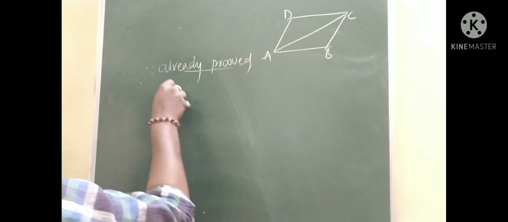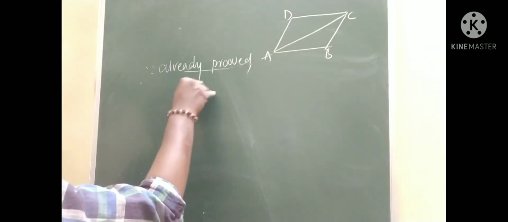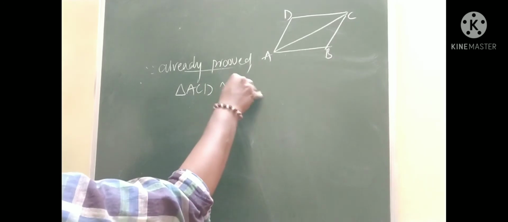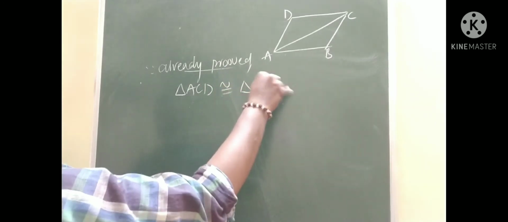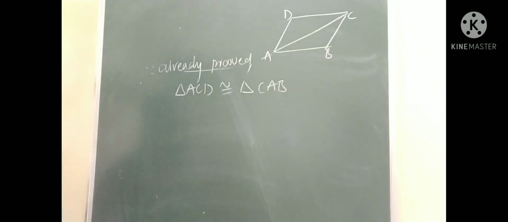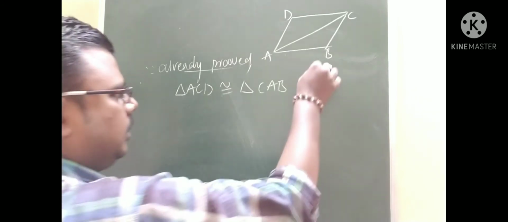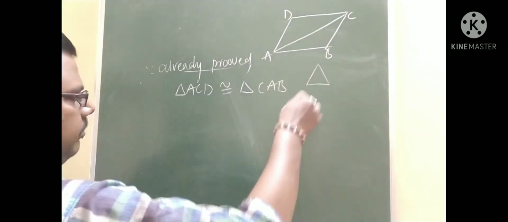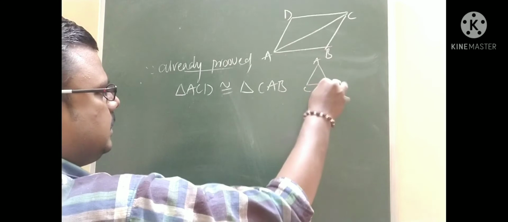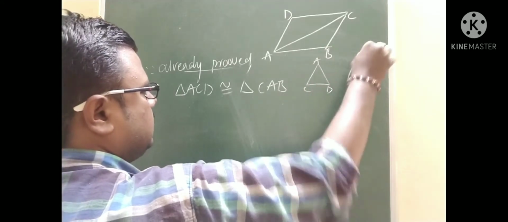What we have proved is triangle ACD is congruent to triangle CAB. If you want, you can use the rough diagram for ACD and CAB.